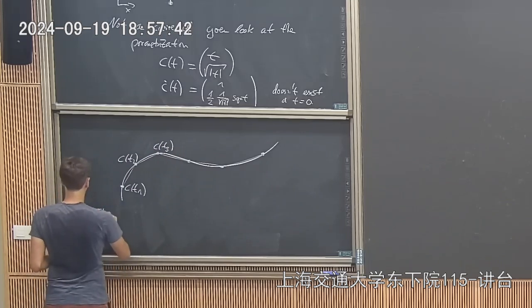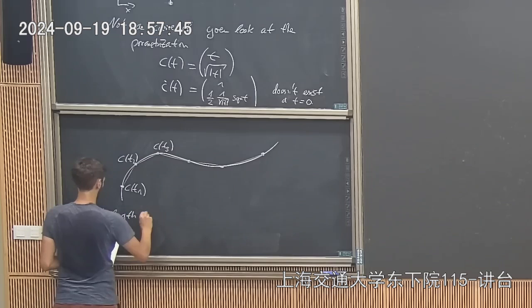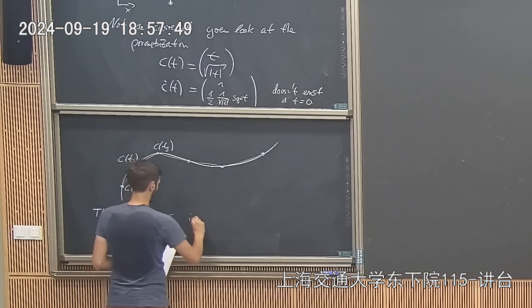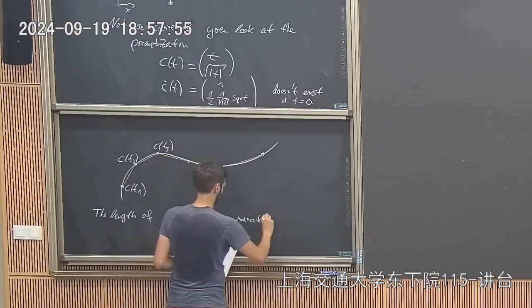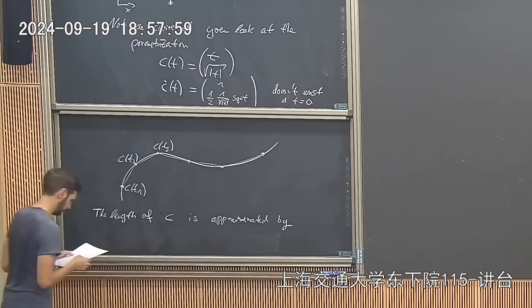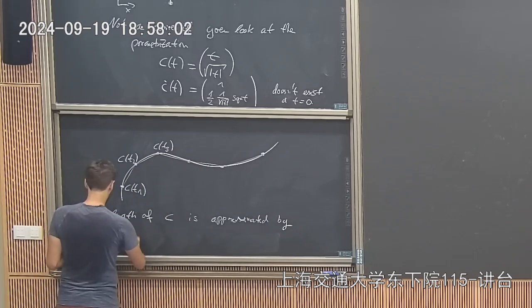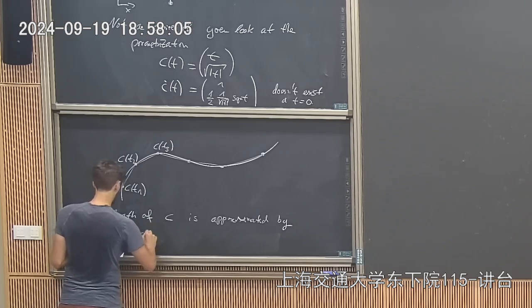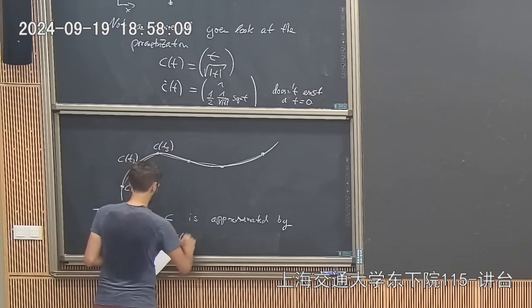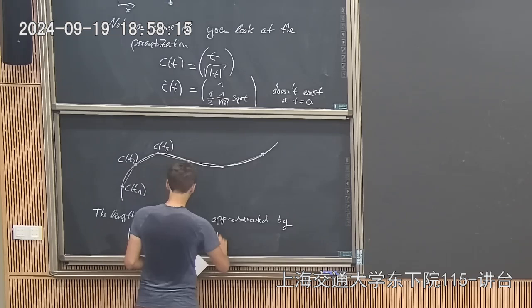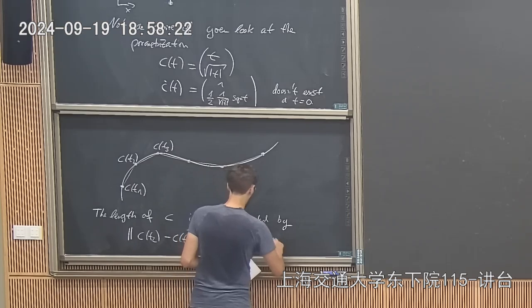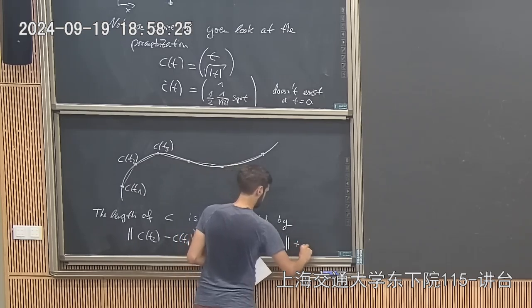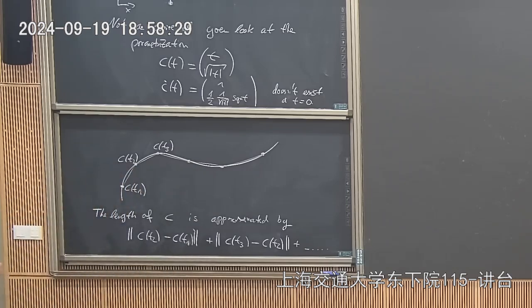Then approximated by what you have: you take the difference between C of t2 minus C of t1, and then you add up, and so on for the whole approximation.